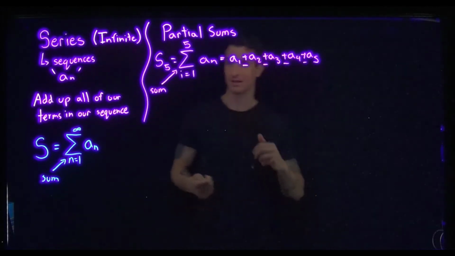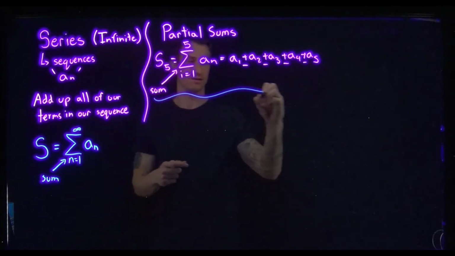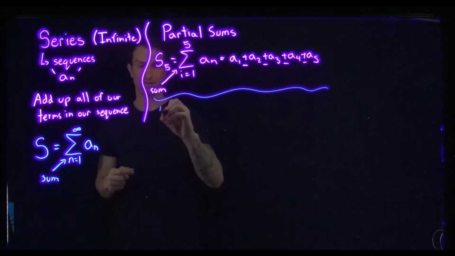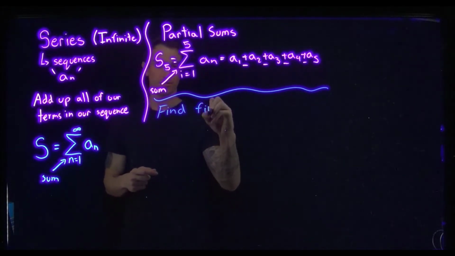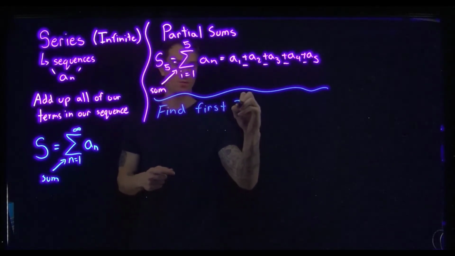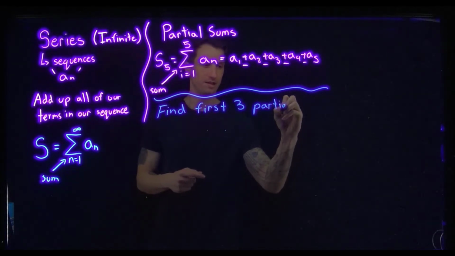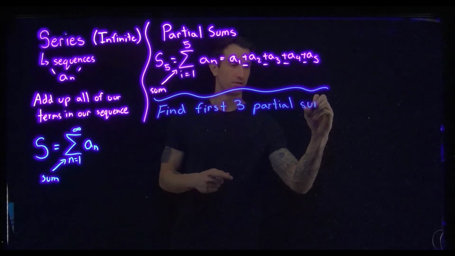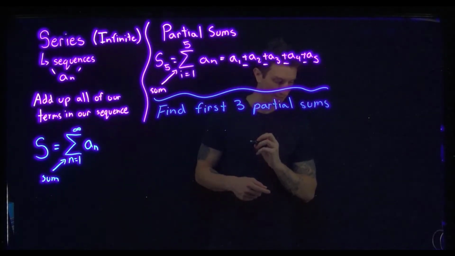So let's say, and I'm not going to do 5, I'll draw a little bit of a line here. I'll say find the first 3 partial sums. And I'll give you some series here.